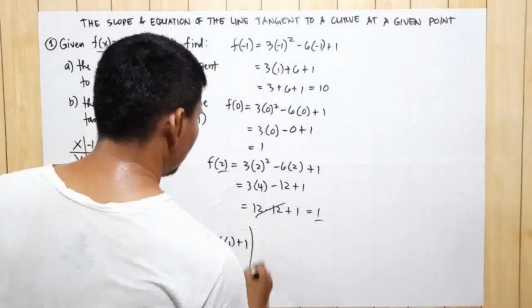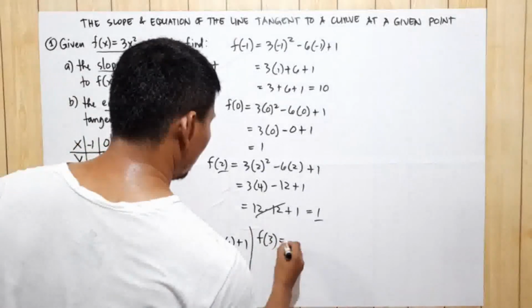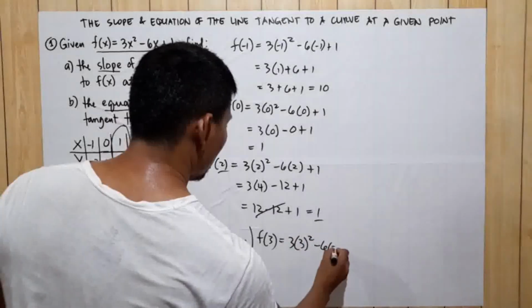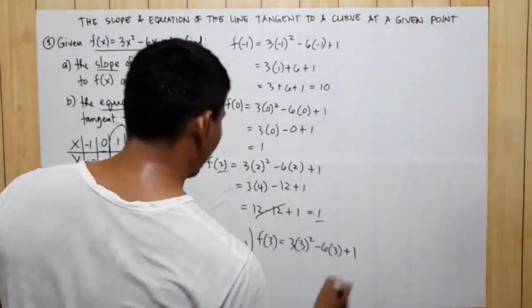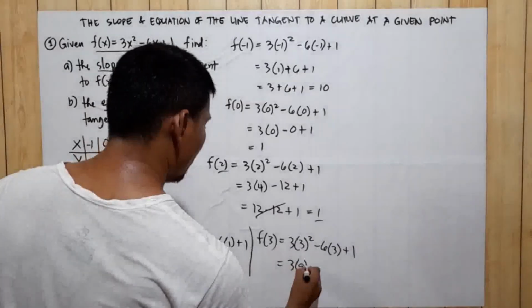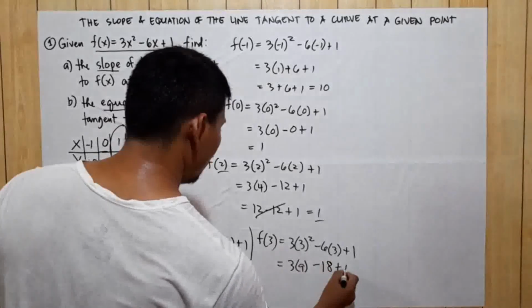F of 3 naman. Okay, f of 3 po tayo. We have 3 times 3 squared minus 6 times 3 plus 1. So, we have 3 times 3 squared is 9 minus 6 times 3 is 18 plus 1.